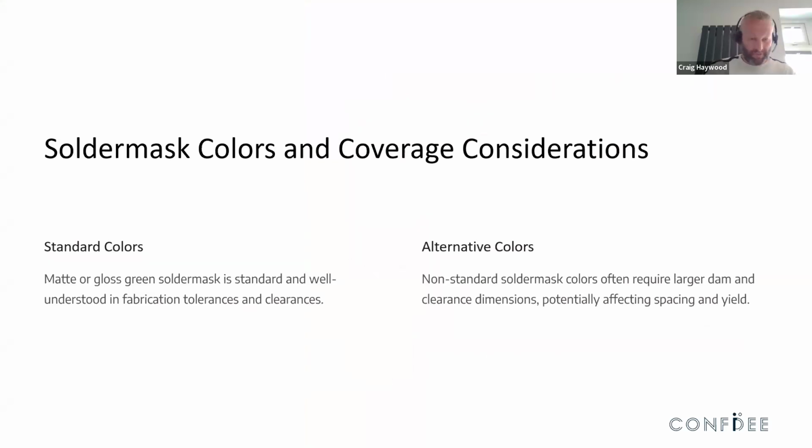Solder mask colours. Green is the standard, matte or gloss, and is better for functionality and for manufacturing in PCBs because it can be used with smaller distances between pads and smaller clearances around the pads.